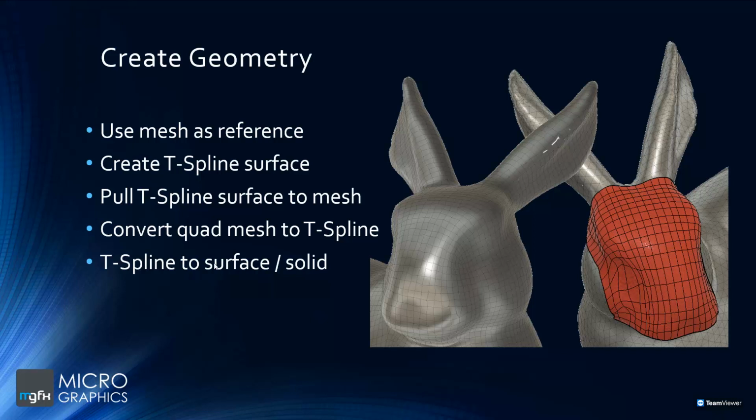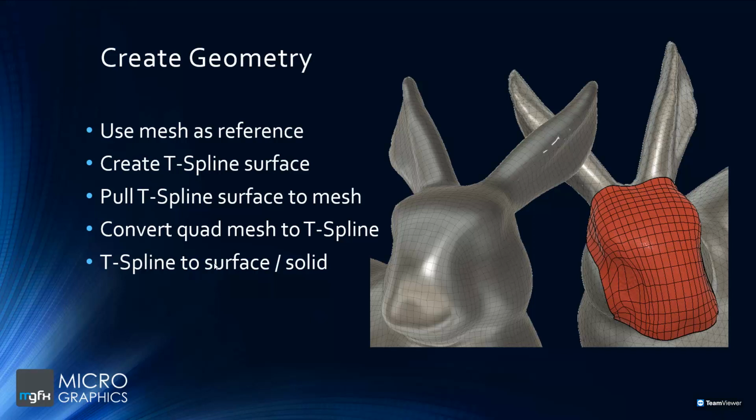Now, often the final shape that you need is complex and organic. And sometimes you can't easily achieve that shape using standard modeling techniques like extruding, sweeping, lofts. So this is where you can take advantage of Fusion 360's T-spline surfacing in the form workspace.